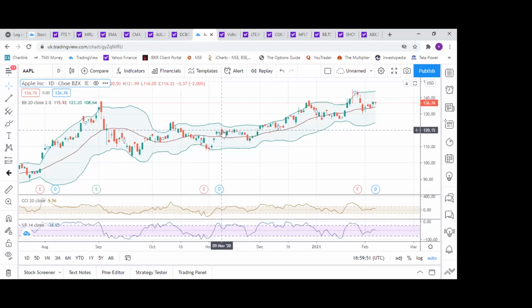That resistance got broken here, and when resistance gets broken, the resistance level becomes the support in the future. When the resistance of 120 was broken on 1st December, 120 was very rarely touched again, and it bounced back. So 127 is a minor support, 120 a strong support.